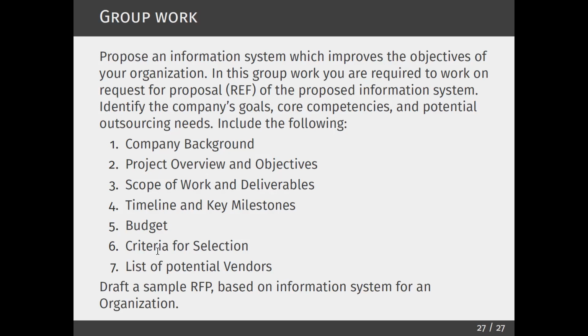And then finally, we discussed three models you can actually work with. You can completely develop the information system in-house, or you can completely outsource it, or you can have a hybrid where some parts you develop and some parts you outsource. So that's what we basically discussed today.